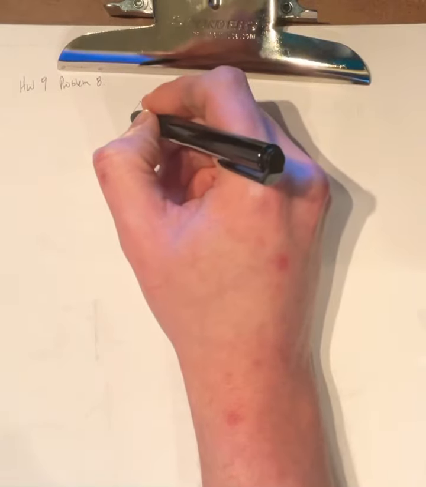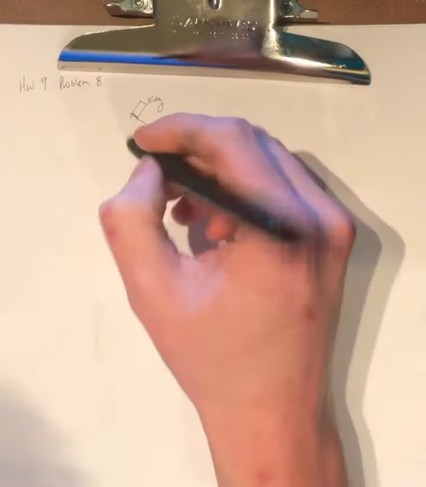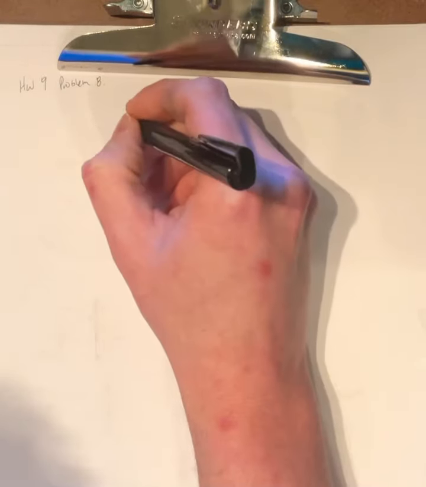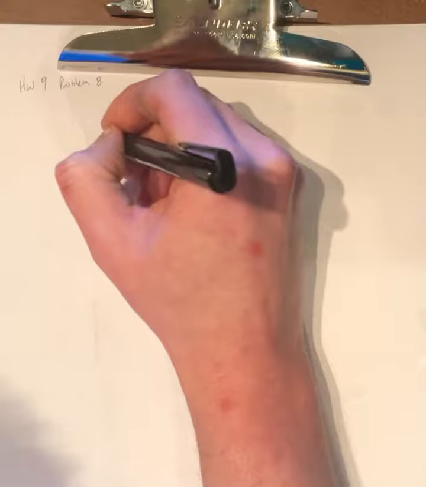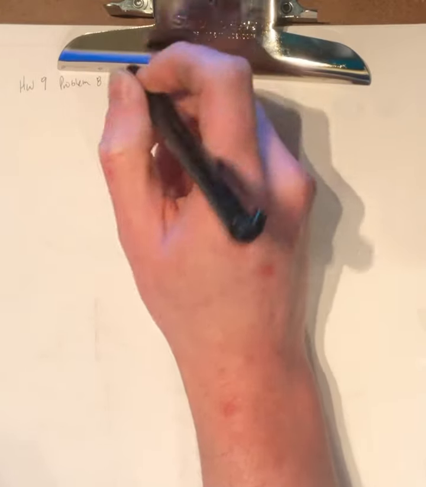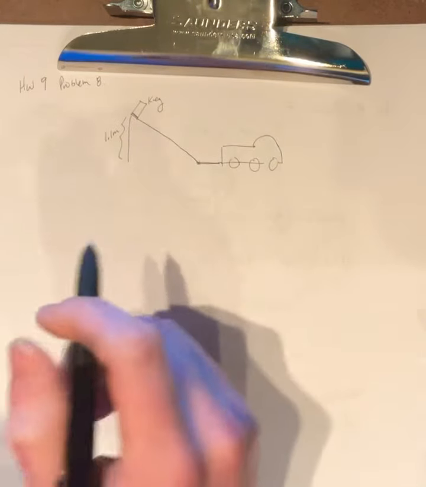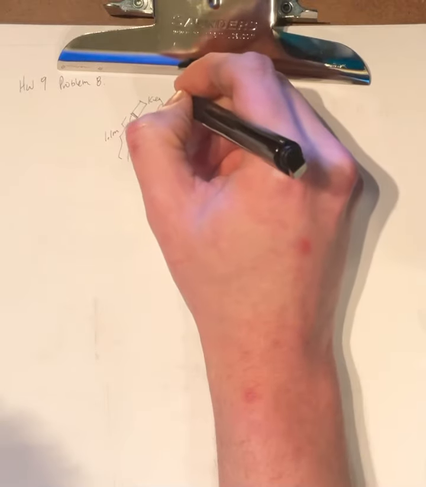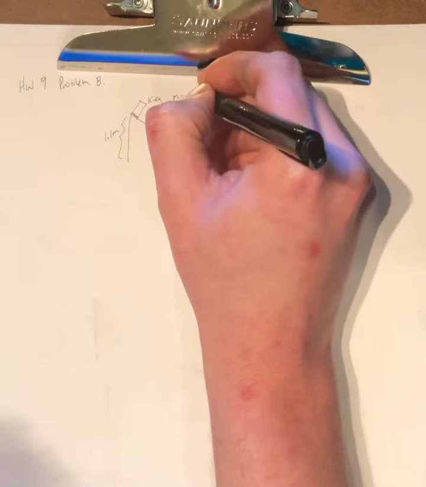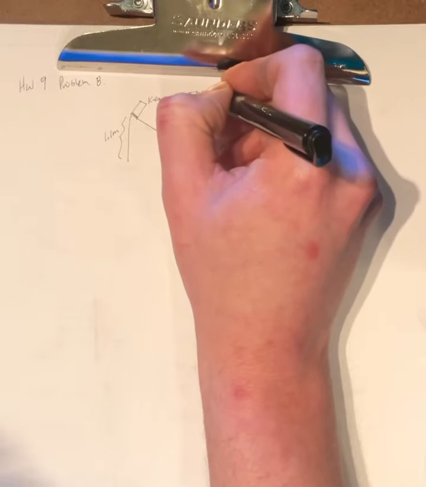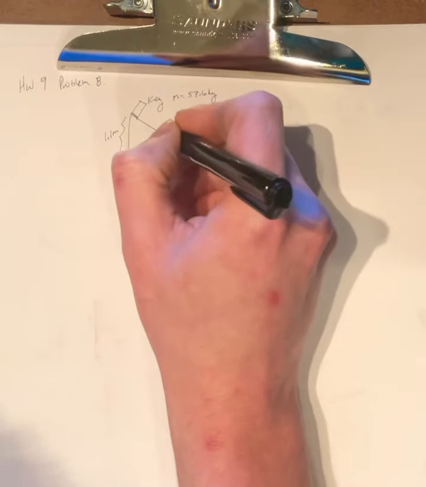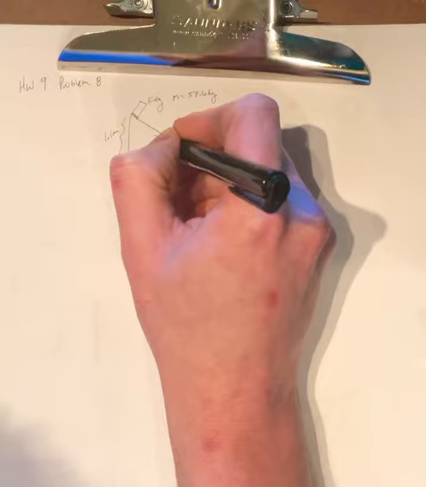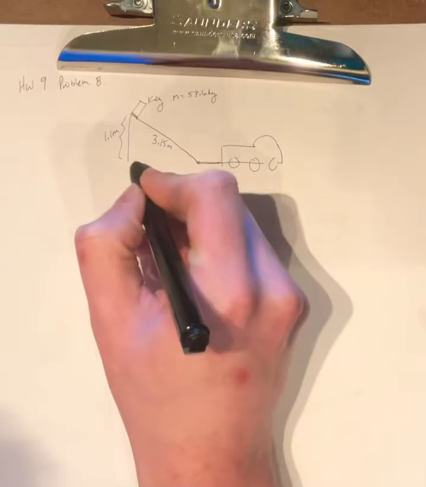And that ramp has a height of 1.1 meters. And the keg has a mass of 57.6 kilograms. And this ramp has a length of 3.15 meters.